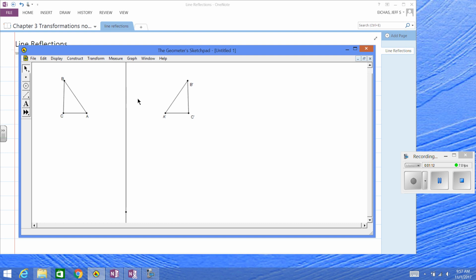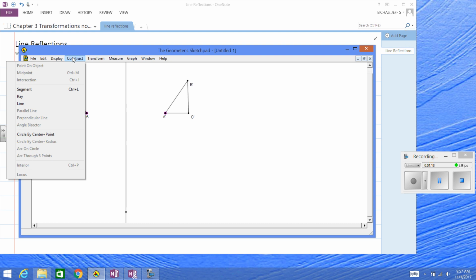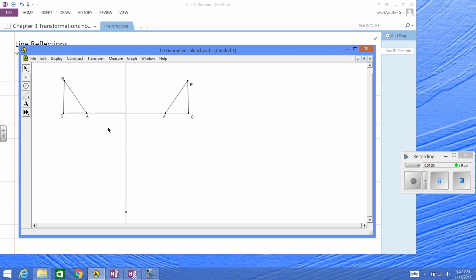Now, a couple of things that we have to talk about. If you were to construct a segment joining point A with its image, here's what we would notice. From here to here is going to be identical to from here to here.